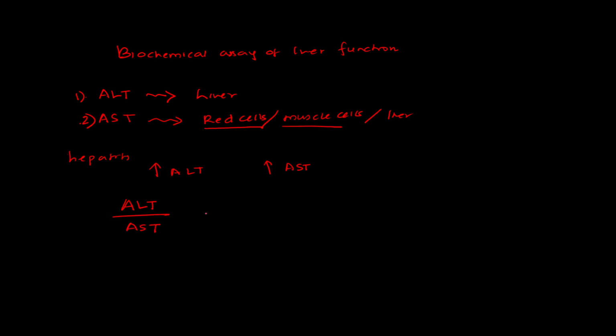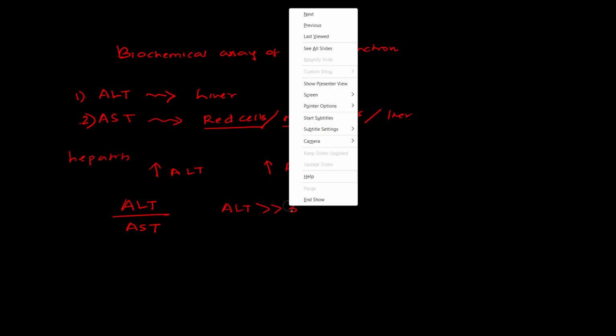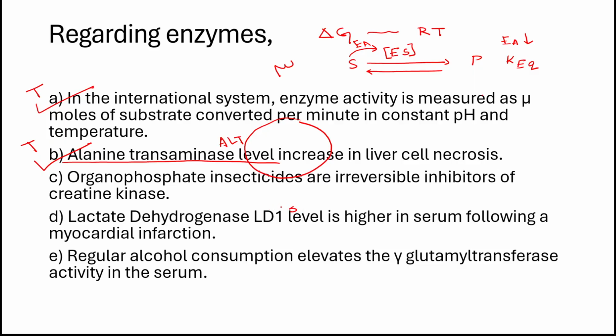Usually what you would see is ALT levels being more than 3 times that of the AST values. So ALT being more than 3 times the value, this is what we usually take. The ratio is what we usually consider.